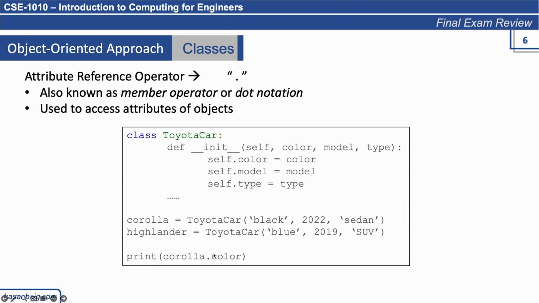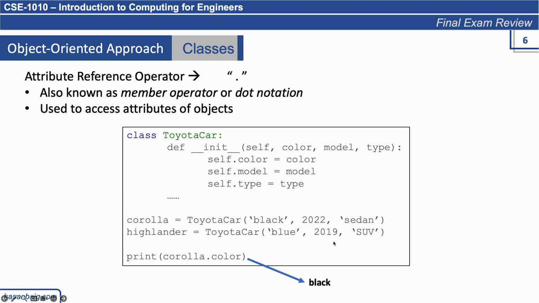With the help of dot notation you can access these variables, and it will print black because the color associated with this object Corolla is black. If you were calling it on Highlander, it would print blue.